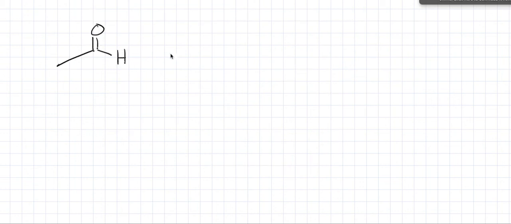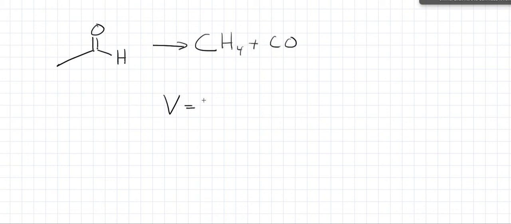To show that it's not always obvious what the rate equation will be just by looking at the overall reaction, let's look at this gas phase reaction where we've got acetaldehyde decomposing to form methane plus carbon monoxide.